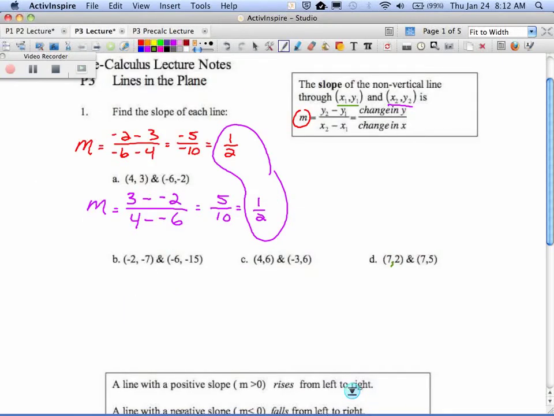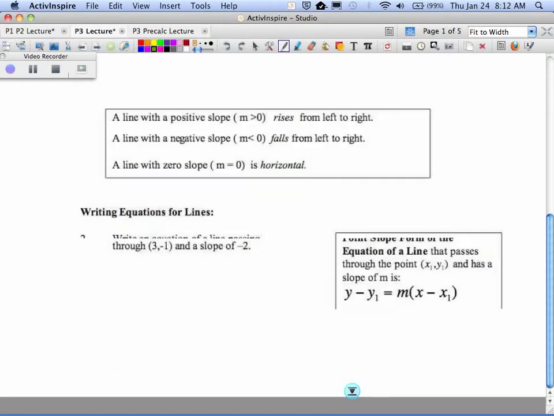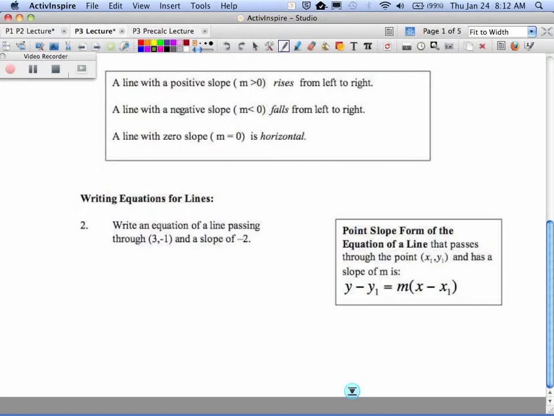So you should remember a line with positive slope rises from left to right. A line with negative slope falls from left to right. So just some reminders on slopes, positive, negative slope. A line with 0 slope is horizontal.